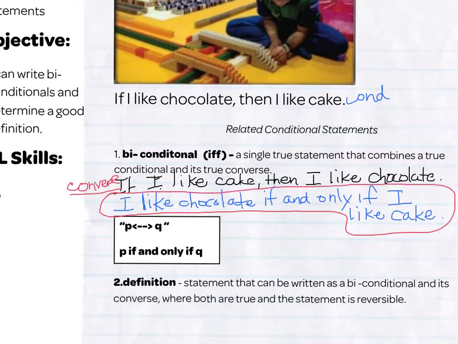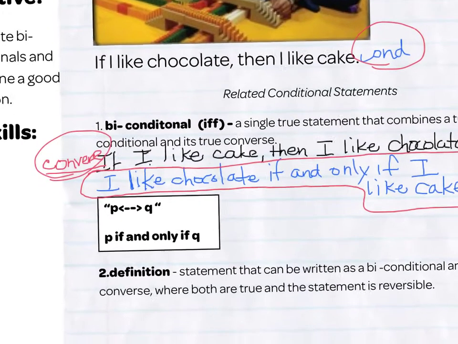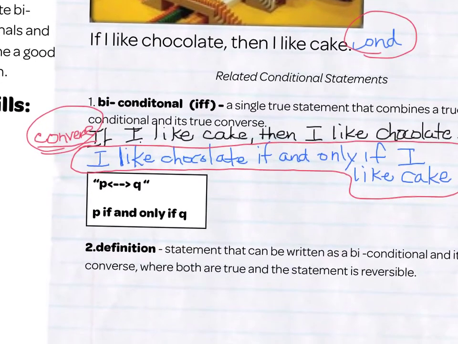Now we have combined both the conditional and the converse. The logical equivalent for a biconditional statement is written like this: P, if and only if, a double arrow that goes both ways, Q. You read it just like that, P if and only if Q.